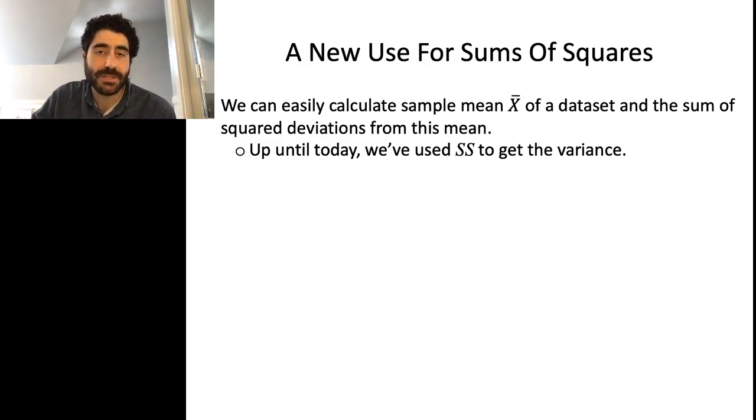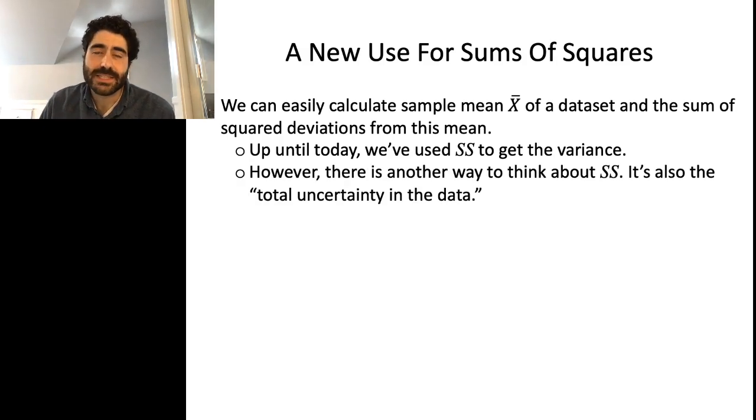It's a way we can get a measure of dispersion. And this is actually a really general idea, right? That if we can sort of keep track of the deviations in our data. So if we can try to explain why different groups, for example, might have different means, then we can use this as a way to try to figure out where the differences in our data are coming from.